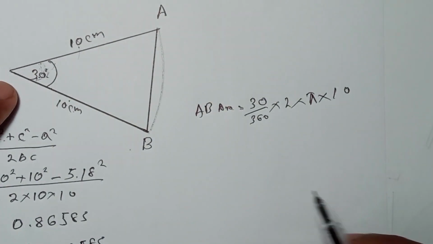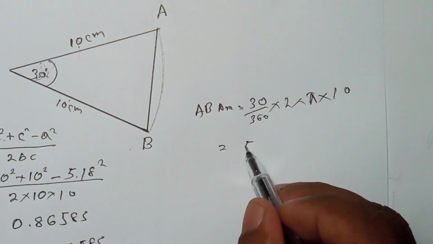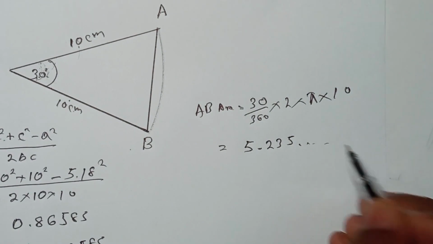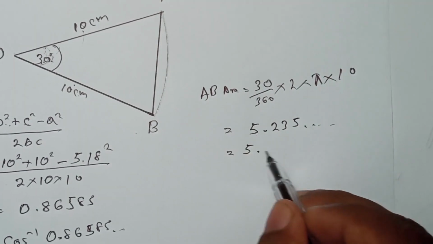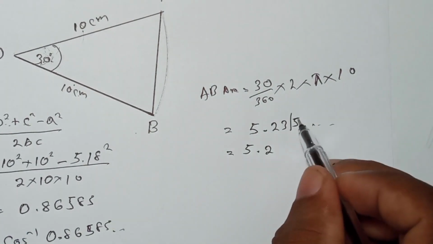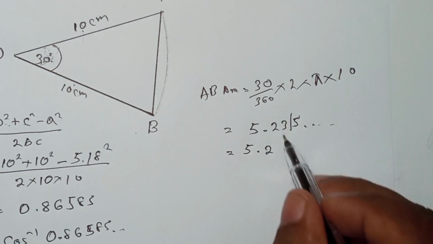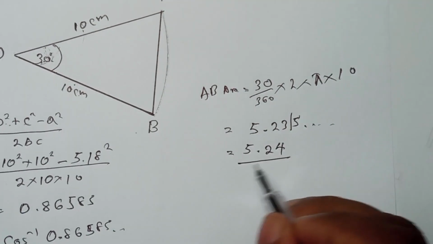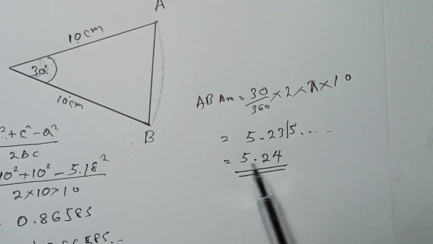Your answer will be about 5.235. They asked for three significant figures, so there is a 5 in the next place. If this is 5 or more than 5, you should add 1, so the 3 becomes 4. So the final answer is that this AB arc length is 5.24.